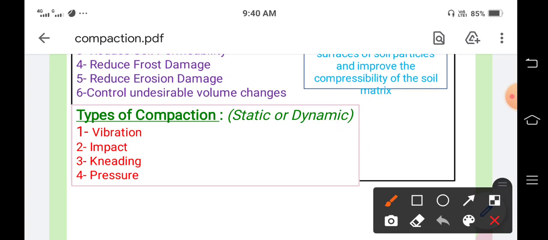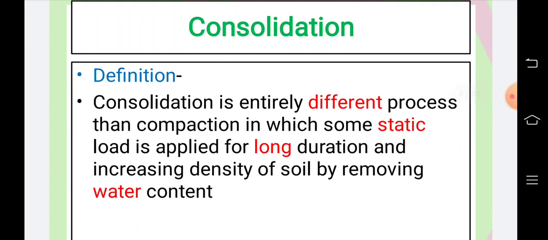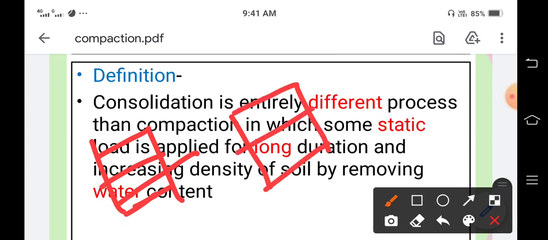Okay, so the next term is called consolidation. Consolidation is an entirely different process from compaction, in which we apply a steady load, that is a static load, for a long duration and increase the density of the soil by removing water. In compaction it is a 3-phase system, and in consolidation it is a 2-phase system.